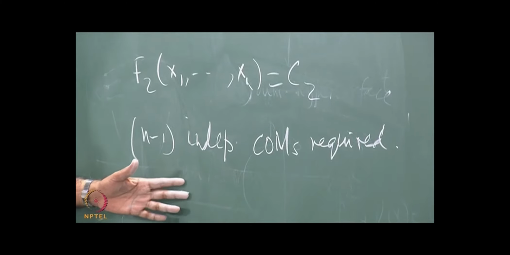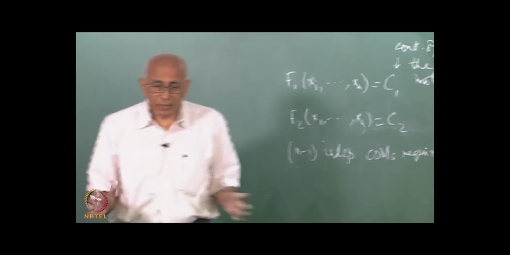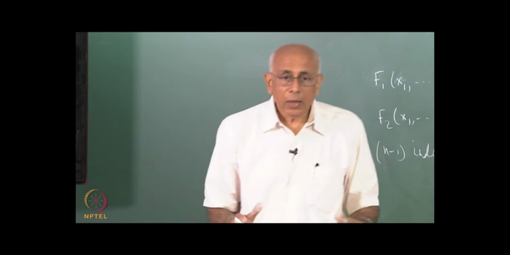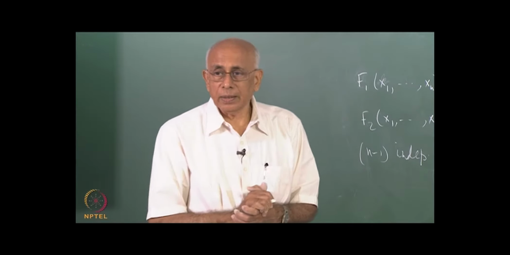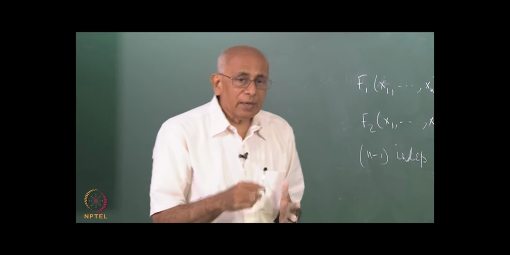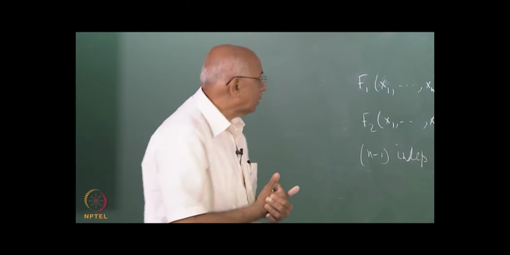If you could do that, then the mutual intersection of these n minus 1 constants of the motion already fixes your phase trajectory.